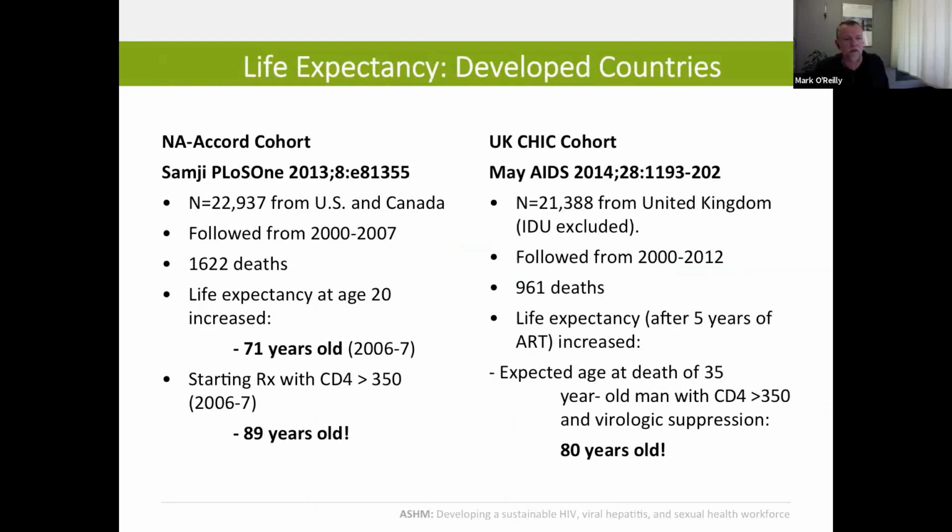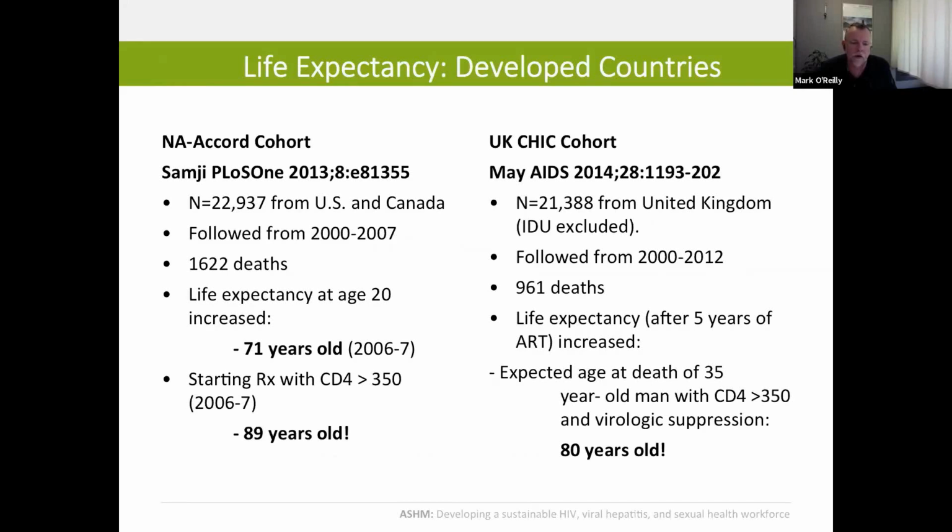So these are a couple of data sets regarding life expectancy. So the North America Accord, or NA-ACCORD cohort, this was data presented back in 2013, looking at nearly 23,000 people from the NA-ACCORD cohort in the US and Canada. And these individuals were followed from 2000 to 2007.